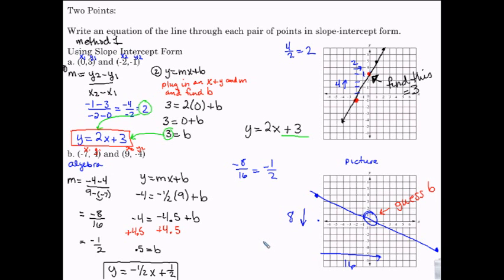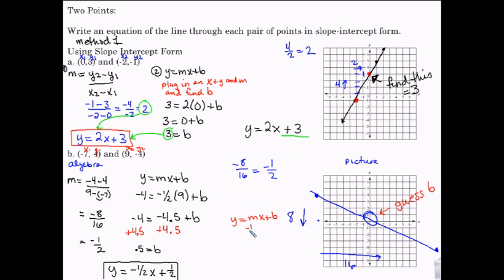That won't always work, for example, on a standardized test. But you will have still gotten your slope from the picture, so you could still do this half of the problem if you need to, where you plug in. You just didn't have to do this part.